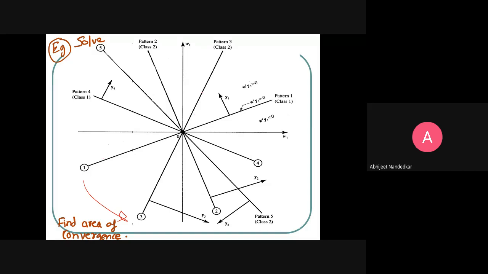Then pattern y1 is given to us, which is here, which belongs to class 1. That means my weight must be above this line.